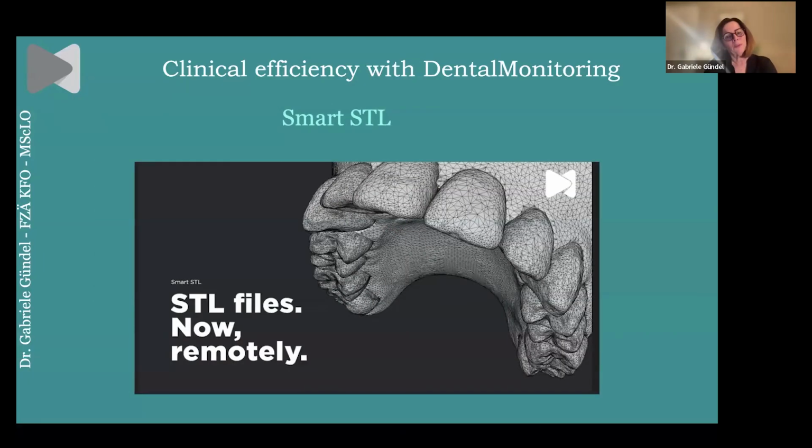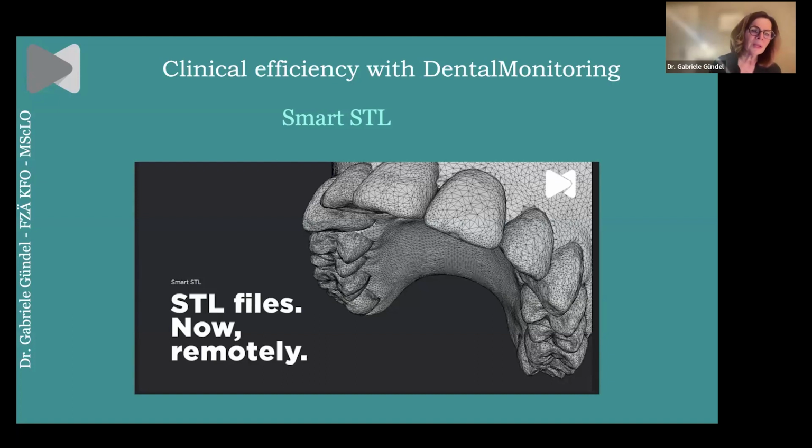Also, very helpful is the possibility to have this Smart STL. If you are working with the Spark aligners, we have a connection between dental monitoring and the Spark aligners. You can ask the patient from every country of the world, please, now you have your last aligners.